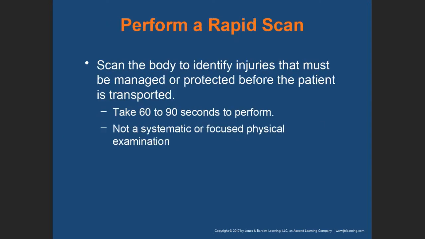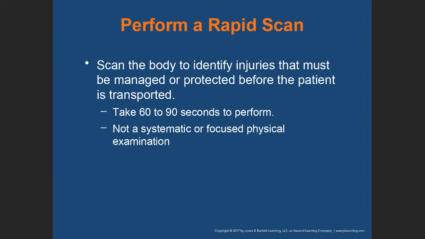Once you have completed your ABCs, then you need to decide if you have a patient in which a rapid scan is indicated, or you have a patient in which you need to focus on a specific area or specific system. So perform a rapid scan. Scan the body to identify injuries that must be managed or protected before the patient is transported.